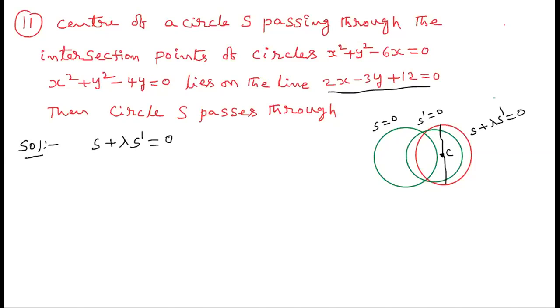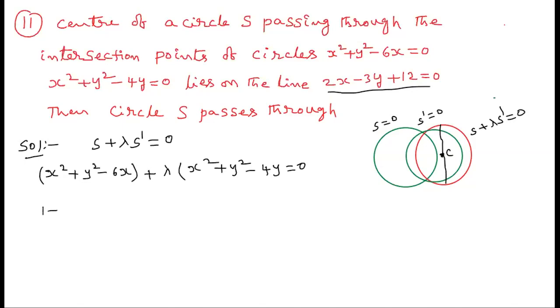S means the first circle, that is x square plus y square minus 6x, plus lambda into the second circle x square plus y square minus 4y, that is equal to 0. Now observe here the x square terms.